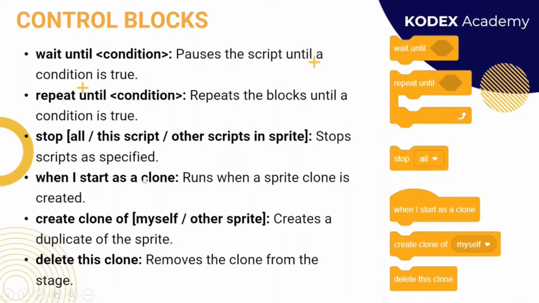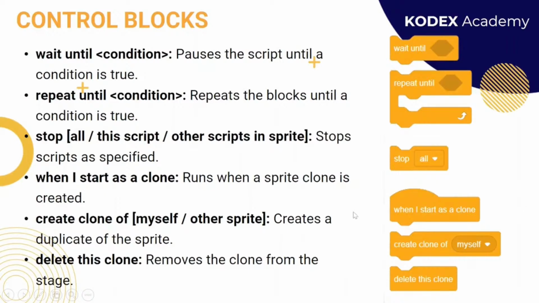Now the next one is when I start as a clone. These blocks are used when you are going to create a clone of your sprite. Here, run when a sprite clone is created. It means you are going to run your program or your particular sprite when its clone is created.